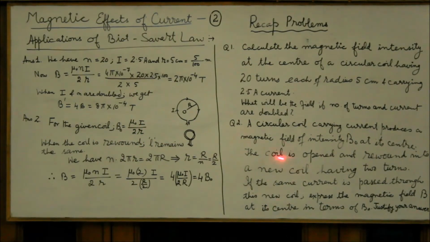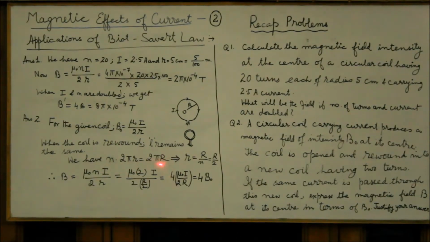According to the problem, the coil is opened and rewound into a new coil. So if you open it, the length will be 2 pi R, which will remain the same when you rewind the coil. That is, L remains constant. So you have number of turns into 2 pi r, the circumference of the new coil, equal to the original circumference or the length of the wire.